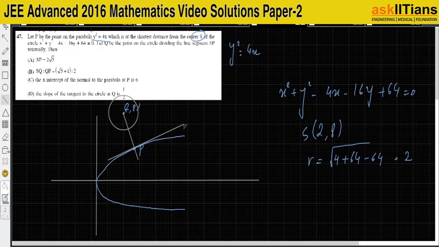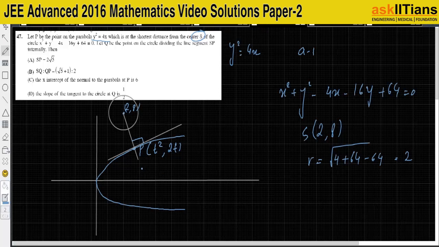If I draw the tangent at point P, that will be perpendicular to this line, because this is normal and this is tangent, right? So I need to find out the coordinates of point P first of all, then everything I can find out. So what I'll do is, let me consider this point P as a t square comma 2at. In parametric form, a is 1, so I'll take this point as t square comma 2t.